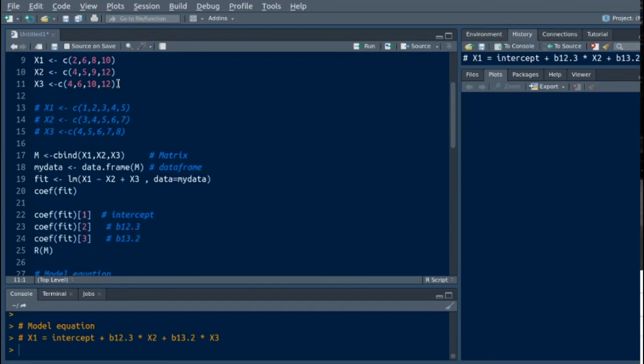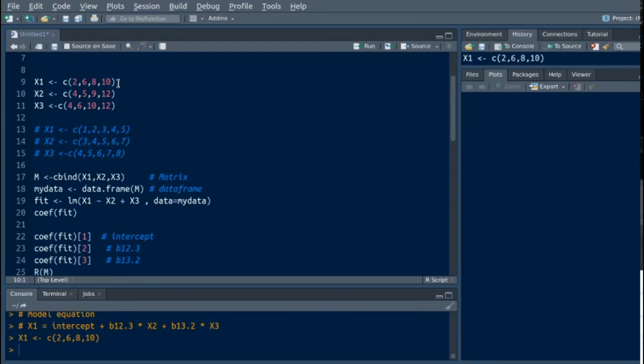So I have three variables x1, x2, and x3, the same values I mentioned are here. Now I'm getting a matrix.